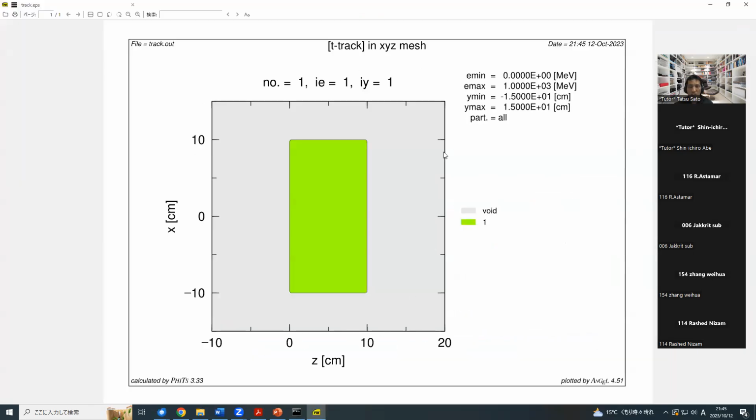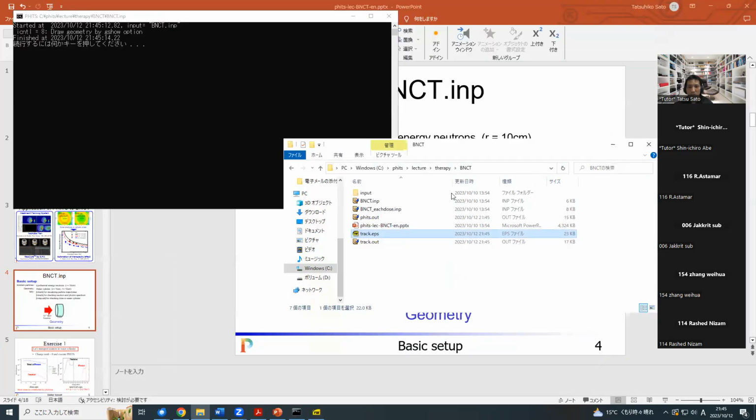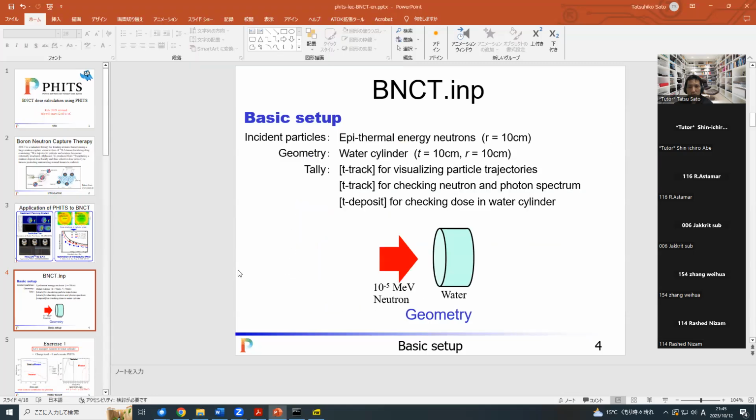You see just a simple picture here. This is quite a simple input file.